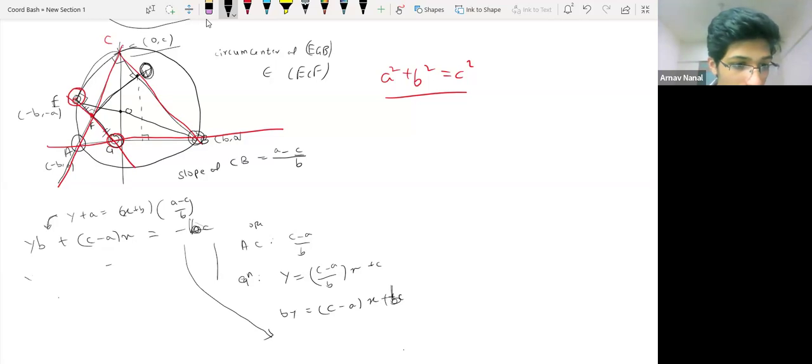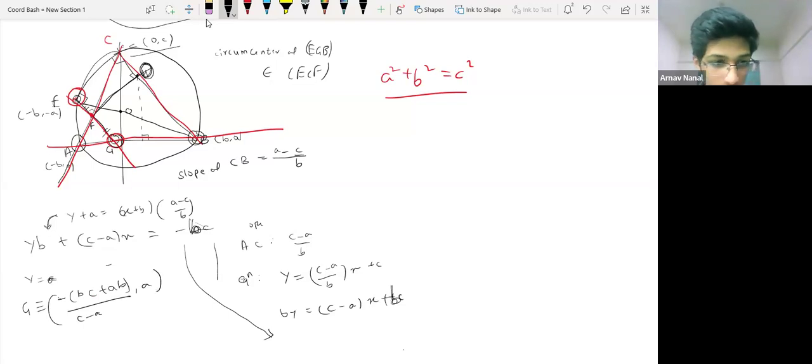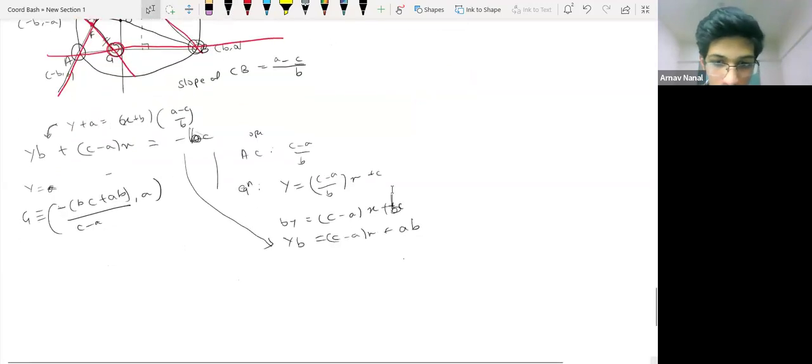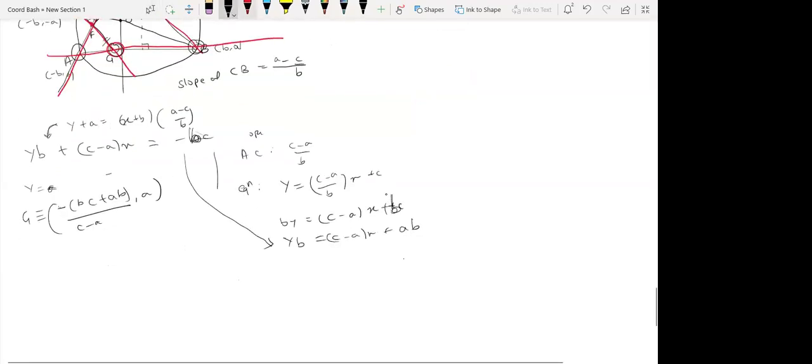So now if you put y equal to A to get G, you will get that G is minus of BC plus AB upon C minus A comma A. And now we will do this here: yb is equal to C minus A into x plus AB, no, sorry, minus BC.